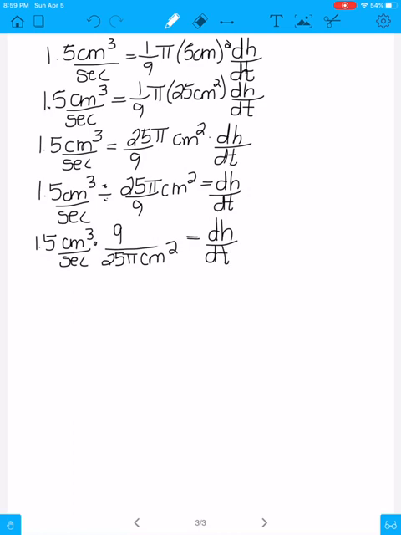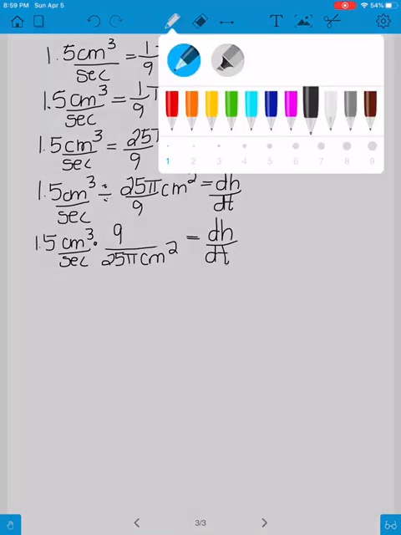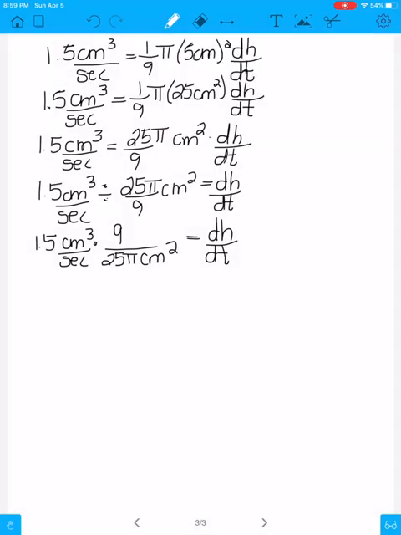And then I can cancel. So centimeters squared cancels off 2 of those. And then I can go 1.5 times 9, which is 27. 1.5 times 9 divided by 25 gets me 27 over 50.